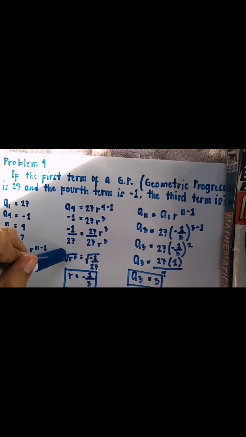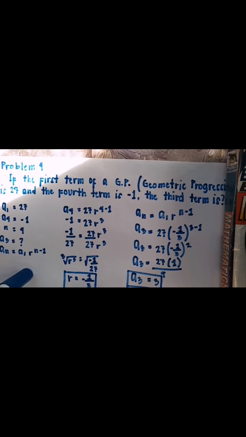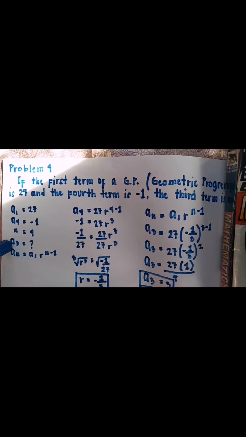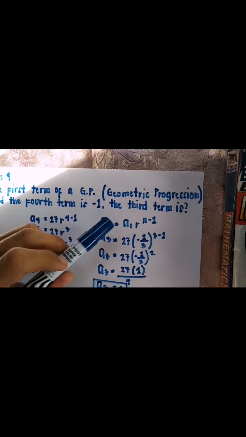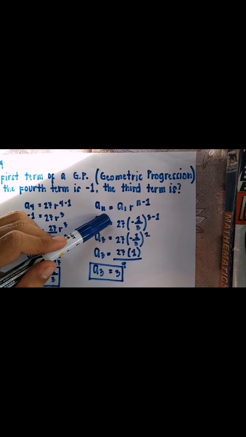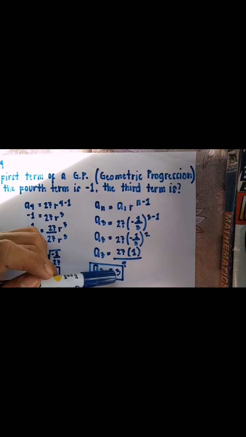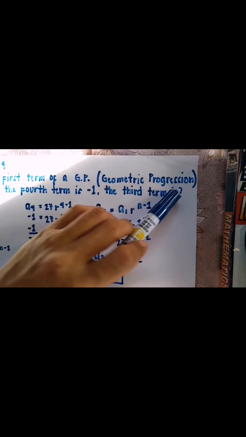So 3 times 3 is 9, times 3 is 27. Therefore the common ratio r is equal to negative 1 over 3. So the answer for a sub 3 is equal to 3. These are also other ways to find the answer using the geometric progression.